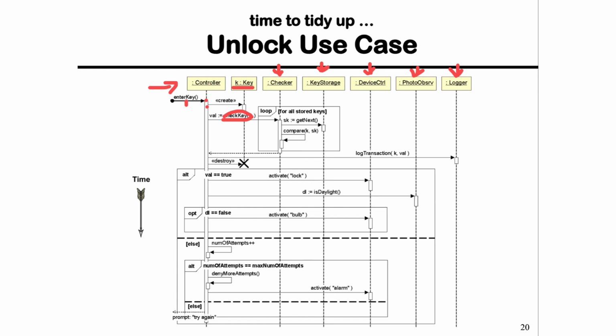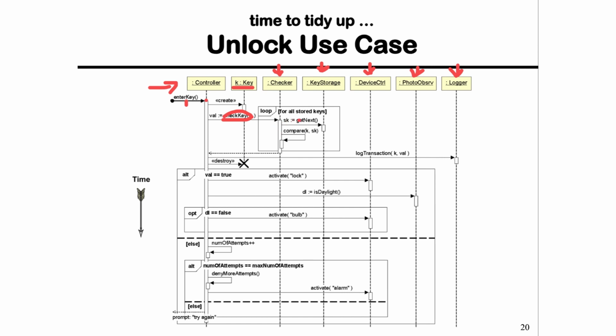Then the controller creates key. Then the key again asks for the validation of key by invoking a method check key. Then this check key invocation is directly to the checker object. Then the checker object does this one. It will iteratively check for all stored keys, and in each iteration it compares the given key with the stored key.